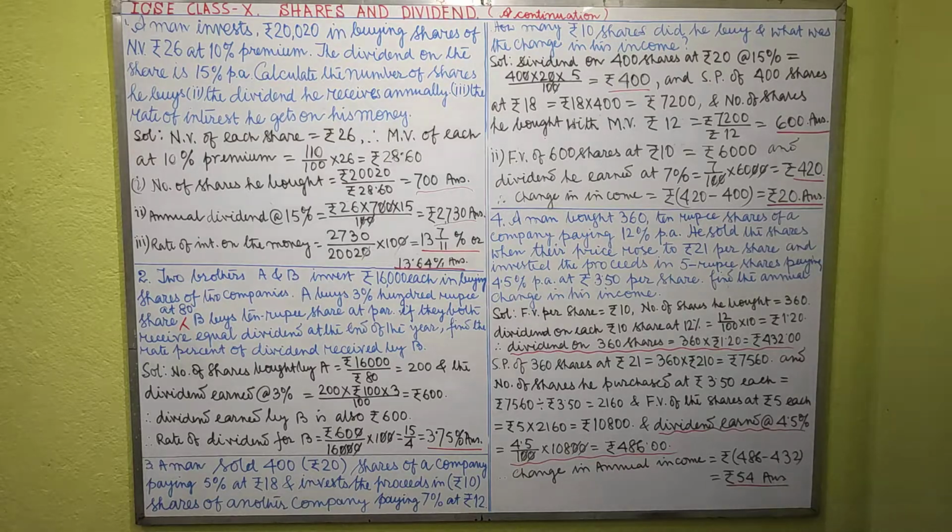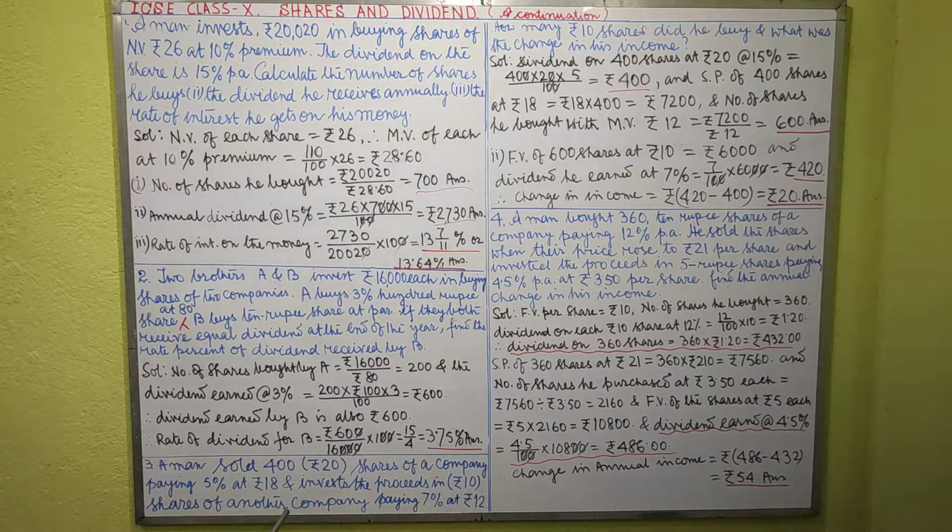Therefore, the dividend on 400 shares at rupees 20 at 5% equals 400 into 20 into 5 by 100, that is 400. He receives rupees 400 as dividend. And the selling price of 400 shares at rupees 18 equals 18 into 400, that is rupees 7,200.